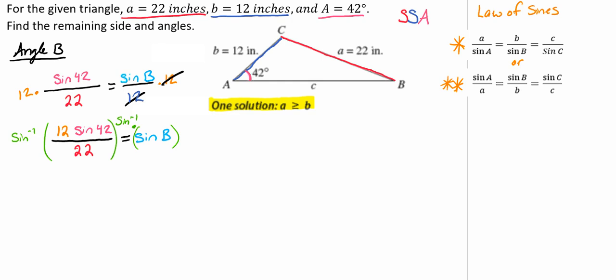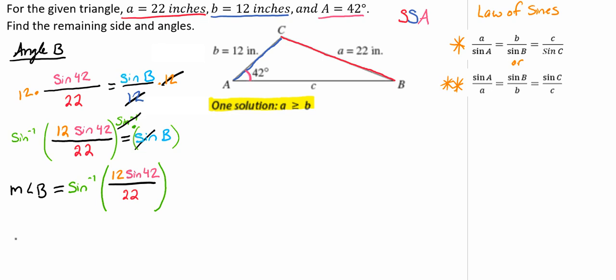We take the inverse sine of the sine of B, and those cancel out. Whatever you do to the right side, you have to do to the left side. So we're also going to take the inverse sine of 12 times the sine of 42 all divided by 22. And that's going to give us the measure of our angle B.